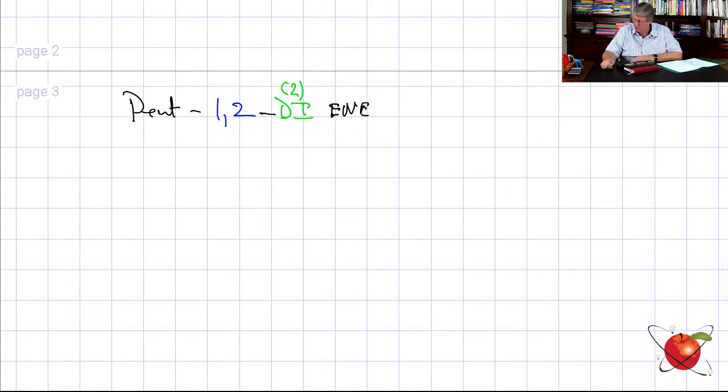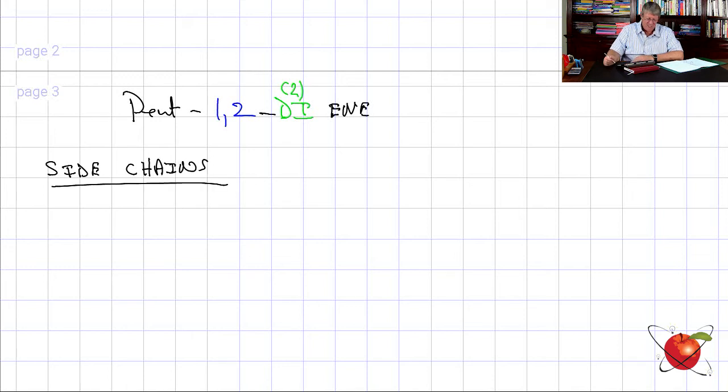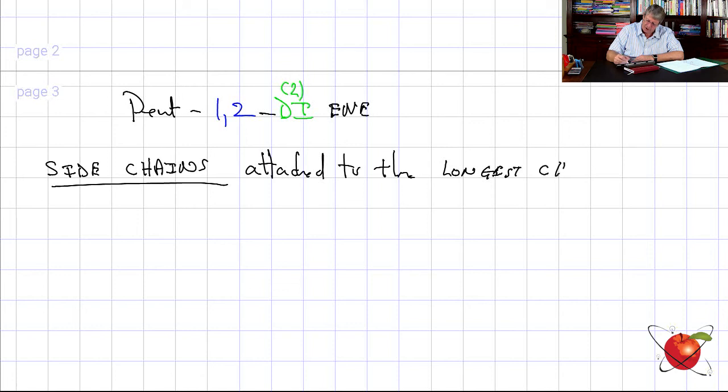We can now continue. We can say, let's look at side chains. Let's take this one here. Side chains are things that are attached to the longest chain.